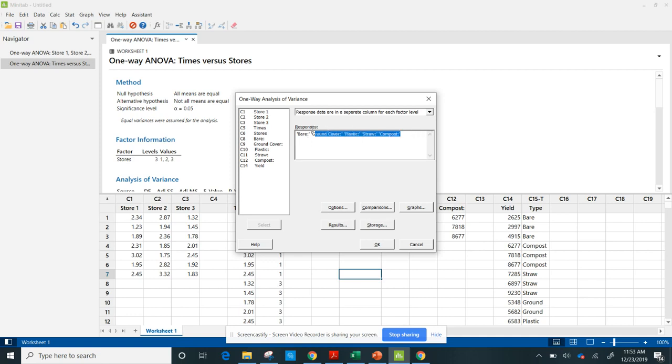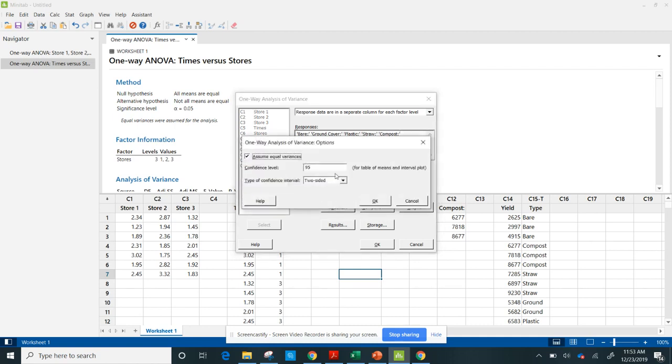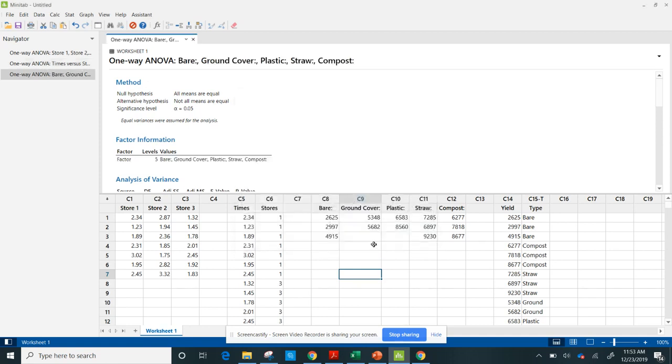So again, if I want to call to them, I need to click on bare, ground cover, plastic, straw, and compost. You don't have to put them in order, but I do to make it easier on myself. Then I hit options. Again, assume equal variances, 95, since my level of significance is 5%, and two-way because I want the confidence intervals. I hit OK, and I hit OK.